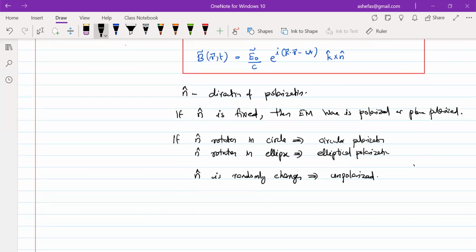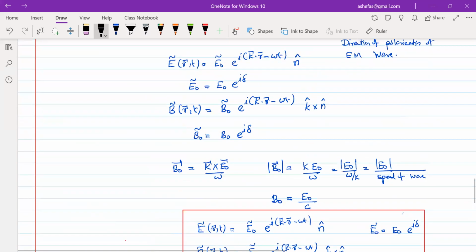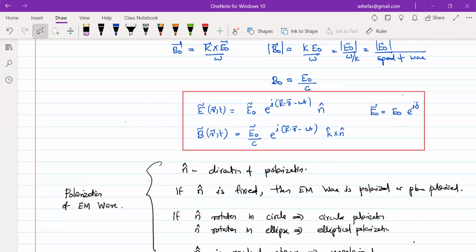So if there is no specific direction for the electric field oscillation, then it is called an unpolarized electromagnetic wave. So that is what is called the polarization of an electromagnetic wave. Okay, so that's all for now. So we'll continue this discussion.